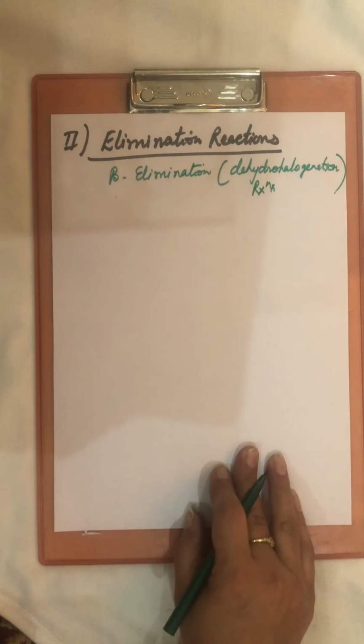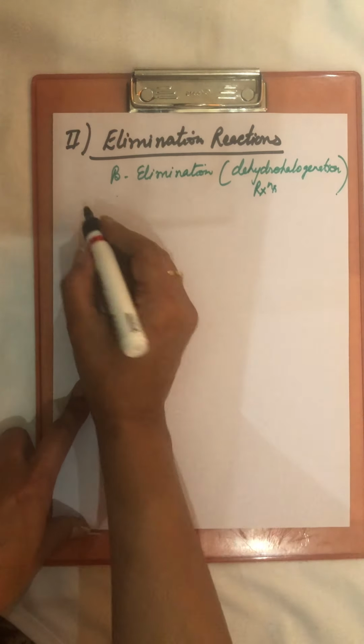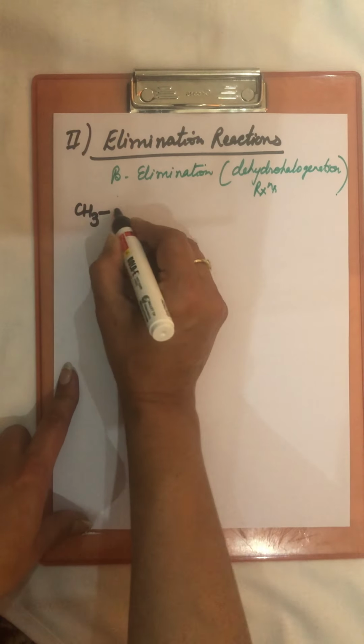Beta elimination, dehydrohalogenation, or simply elimination reactions. These are the reactions shown by haloalkanes.